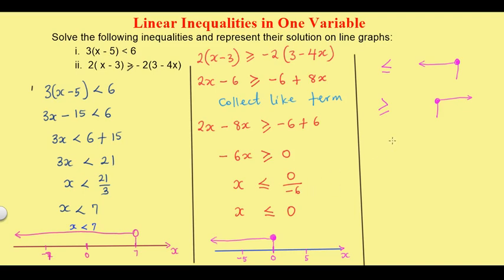If it is just ordinary less than, it is done this way without shading it. If it is ordinary greater than, it is done this way without shading it. So that tells you the direction in which the number line graph will go whenever we have any of these as our solution.